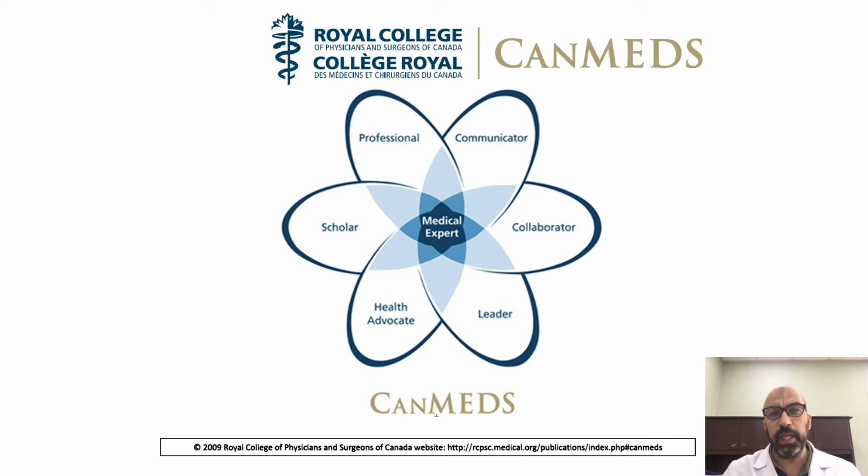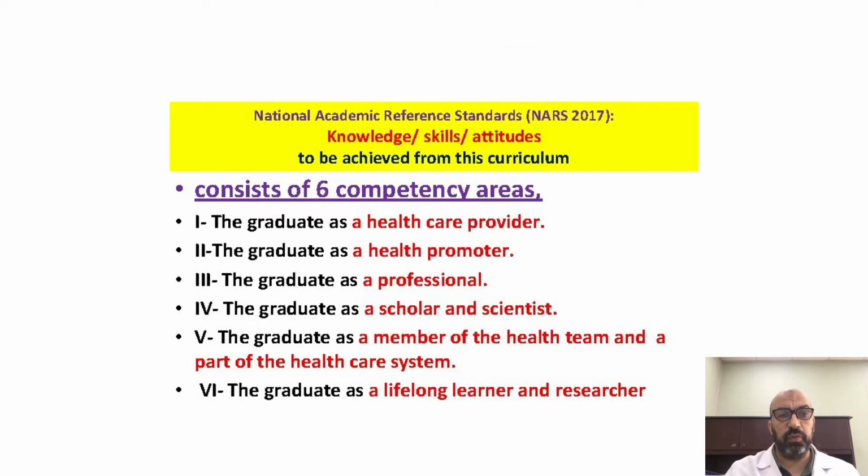We have more than one framework for competencies. One of the famous ones is CanMEDS, in which the doctor or the physician as a medical expert should be professional, communicator, collaborator, leader, health advocate, and scholar. In Egypt, we have the NARS 2017, which consists of 7 competence areas: healthcare provider, health promoter, professional, scholar and scientist, a member of the health team, a part of the healthcare system, and a lifelong learner and researcher.